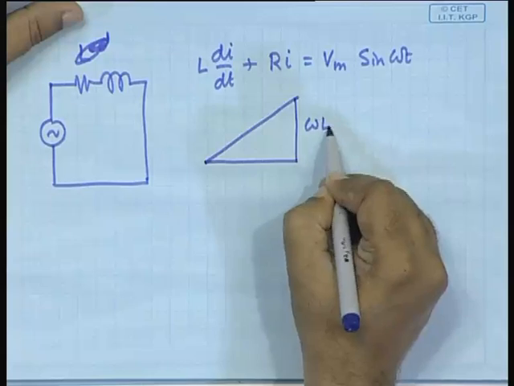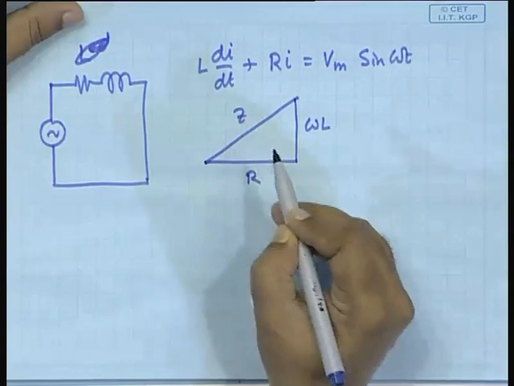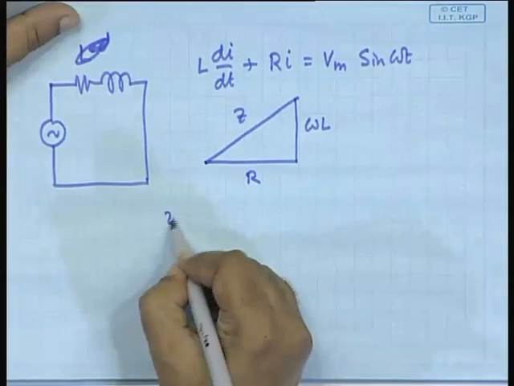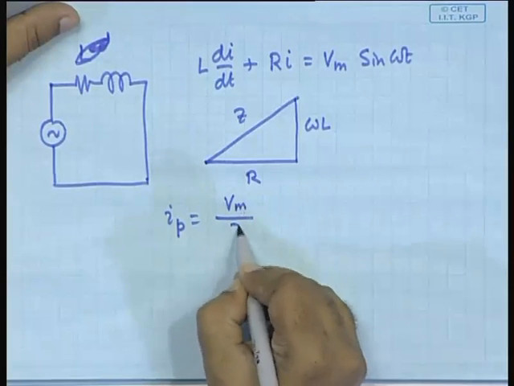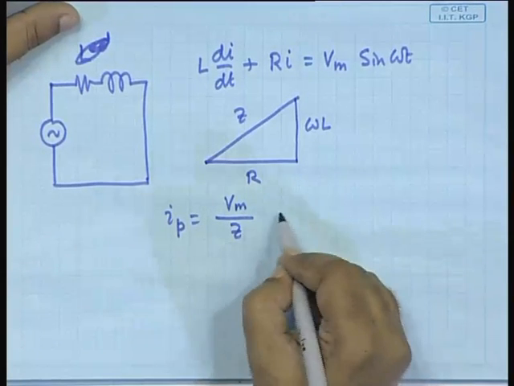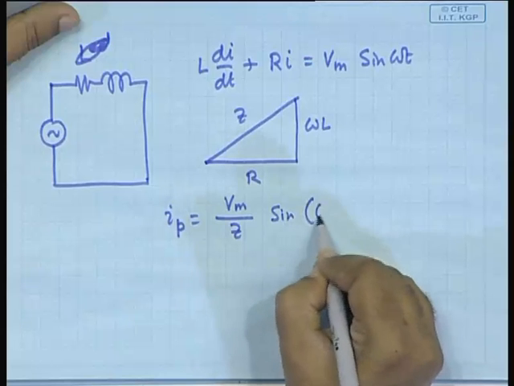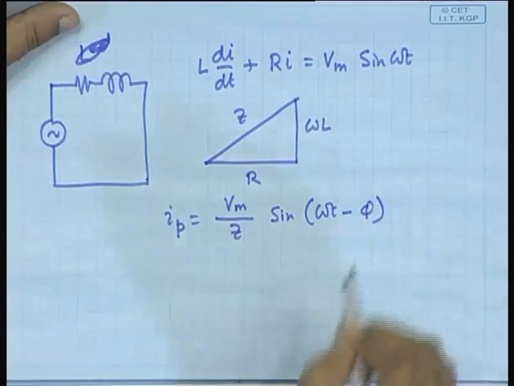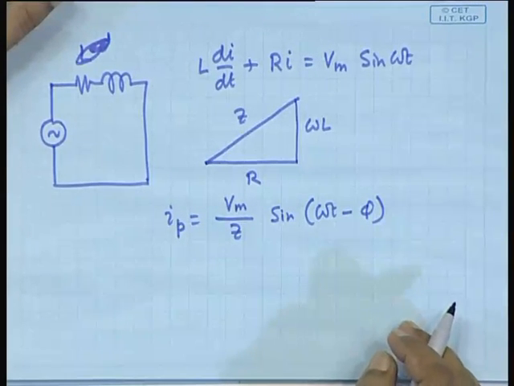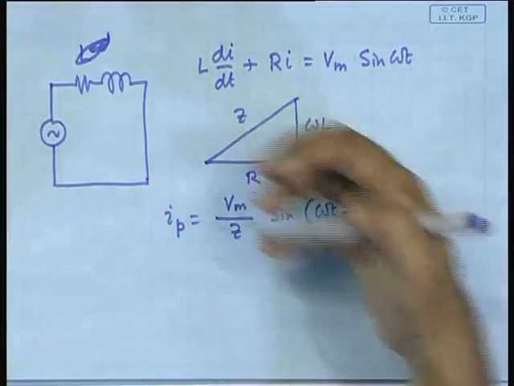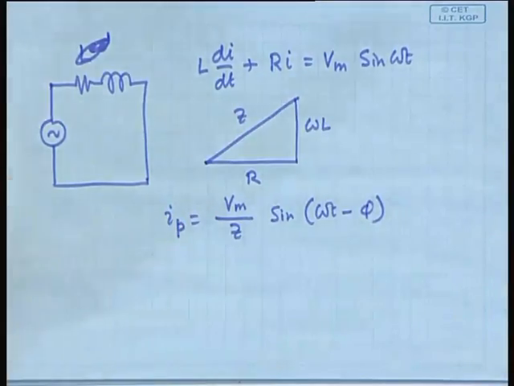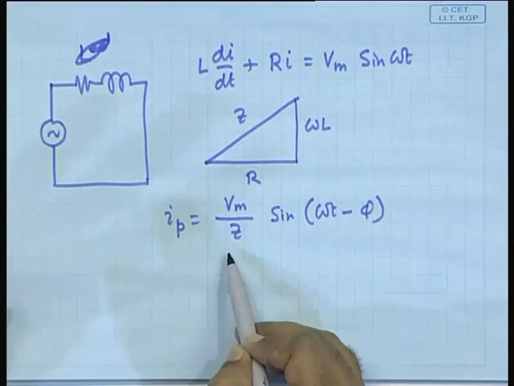This is omega L, this is R, this is Z, and the solution I p would be V m by Z sin (omega t minus phi). Okay, so let us skip all this algebra that we did, because it follows exactly the same route. It is not necessary to repeat all that again. We will arrive at this.